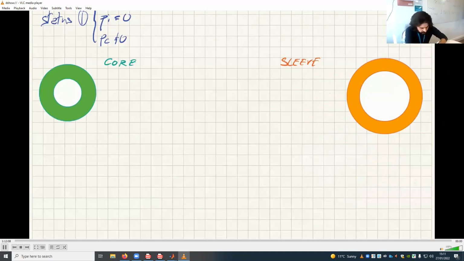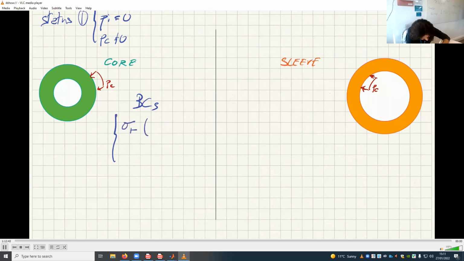Okay, for the core, we have an external pressure of PC. And for the sleeve, we have an internal pressure of PC. So we know that PC is 20 megapascal. So let's solve this by using Lame's equations. Boundary conditions tell me that sigma r at the inner face equals 0, because remember PI is 0, so we don't have PI in this case.